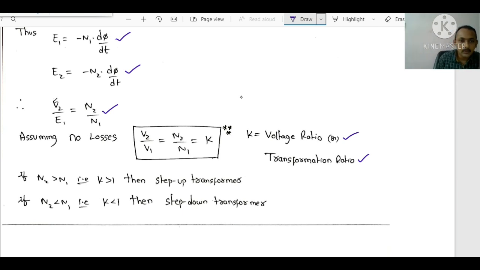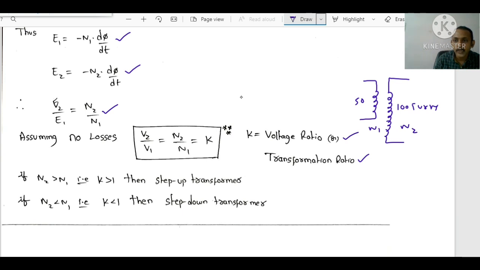Now, what happens if the number of turns differ? For example, you are having some 50 primary turns, and on the secondary side you are having 100 turns. Which side has more turns? The N2 side has more turns, while the N1 side has only 50.